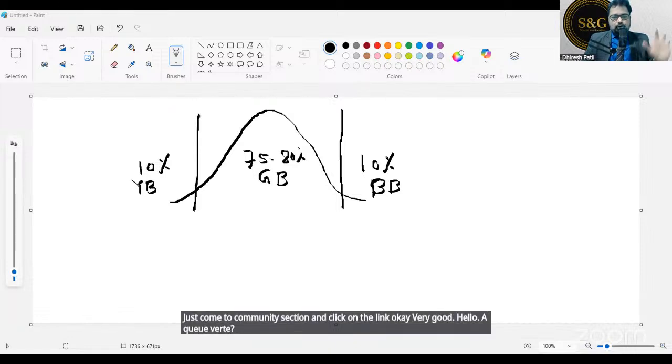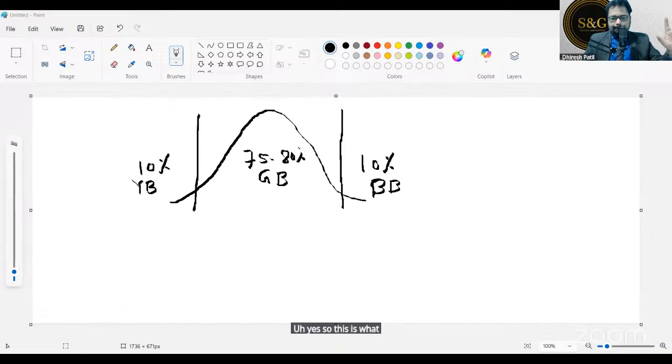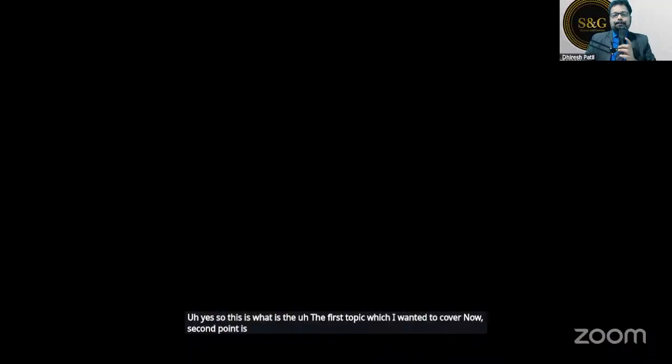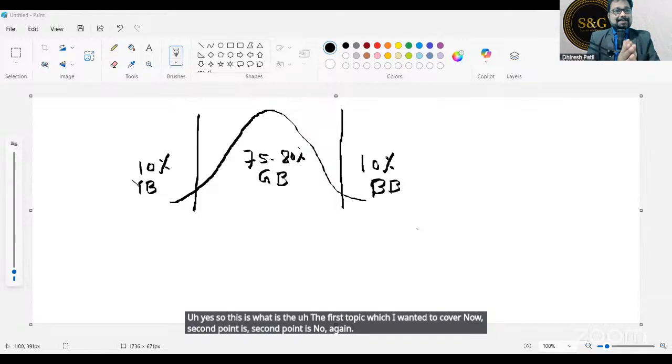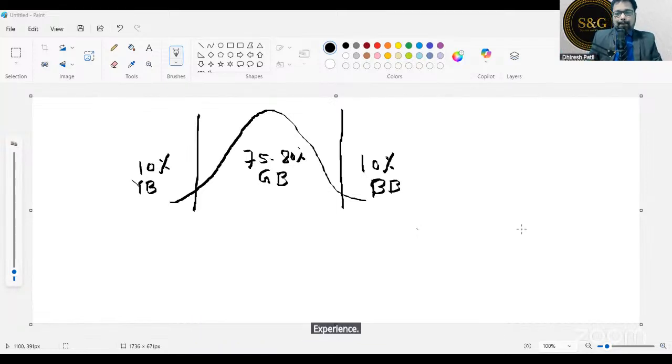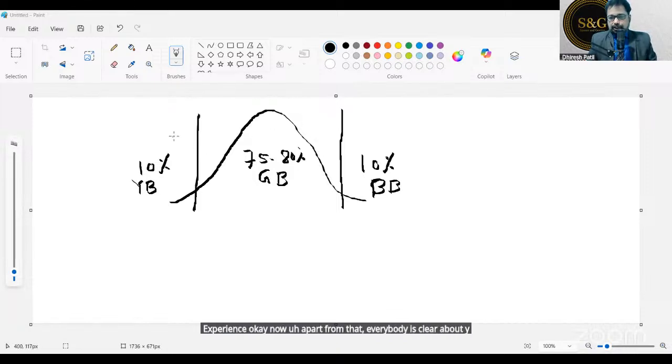So this is the first topic which I wanted to cover. Now, the second point. Again, as I said, the disclaimer is that this is not statistically proven data. This is my experience. Now, apart from that, everybody is clear about y is equal to function of x, right?